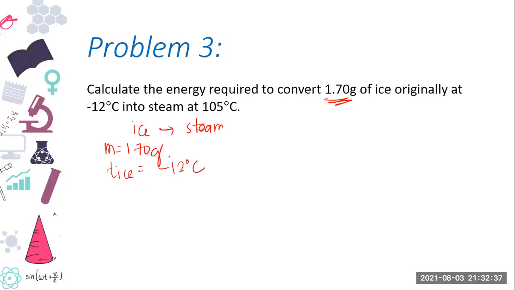So if you miss the temperature, and say you have an error in the sign, then it follows that your final answer might be affected. So be careful in listing down whatever is given in the problem. So we also know that steam at the end point or the last stage is given as 105 degrees Celsius.